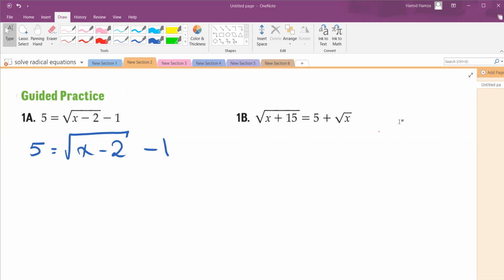So what exactly do we solve, this 1A or 1B? 1a, this equation. We wanted to isolate the root, so we want this root to be alone on this side. So we will what?